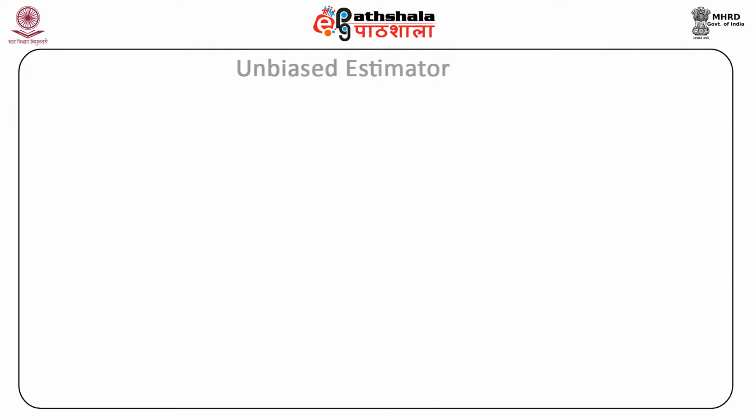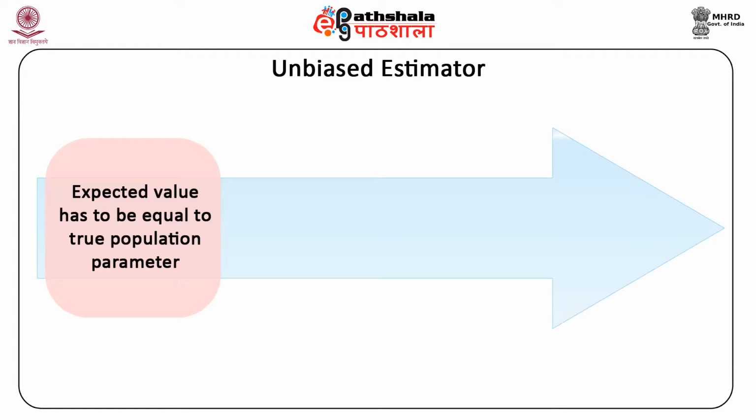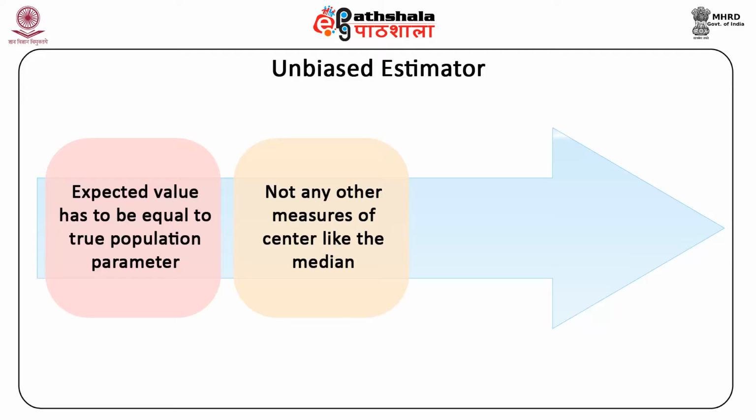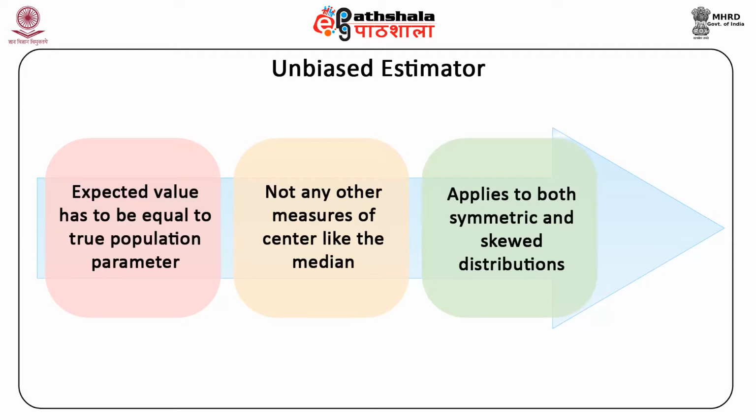An important point to be noted in this definition is that the expected value, or the mean or average, has to be equal to the true population parameter and not any other measure of the center like the median. This implies that the definition applies to both symmetric and skewed distributions.